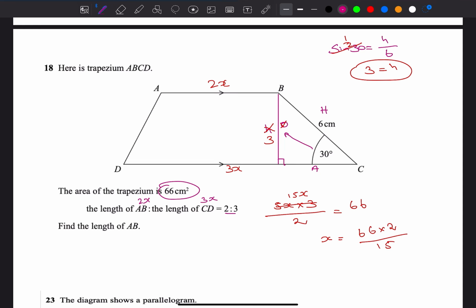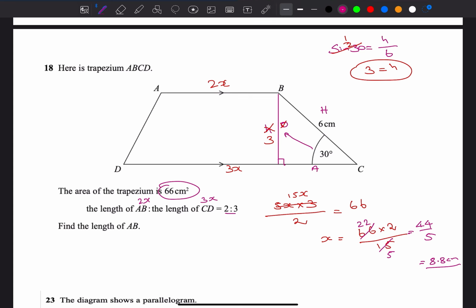Probably on a calculator. 66 and 15 you can divide by 3, which makes 22 and 5. 22 times 2 is 44 over 5. So x is 44 over 5, or it's 8.8 centimeters, I think.